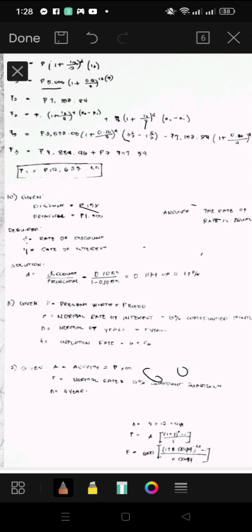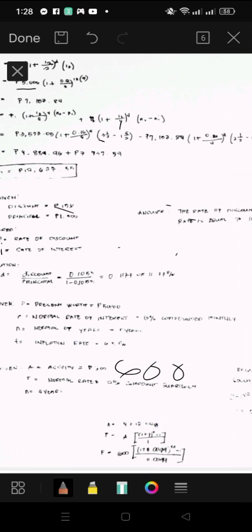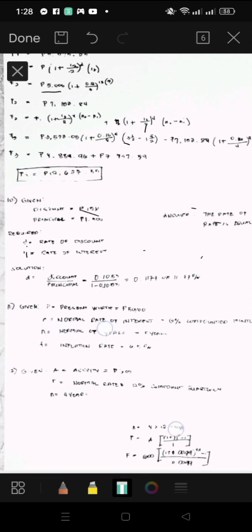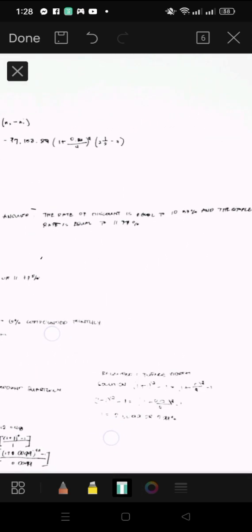So for the required future worth, the solution is quantity 1 plus I raised to the power of 12 minus 1 is equal to 1 plus quantity of 1 plus R over 4 raised to the power of 4 minus 1.